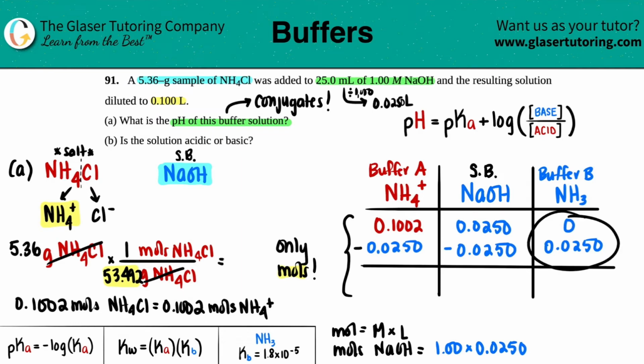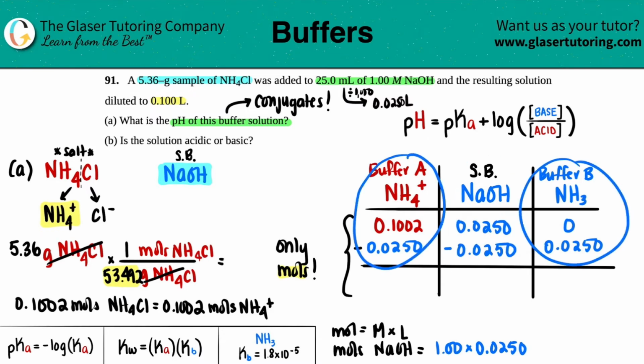On the other side, since I wrote them both in blue, base with base, that's additive. So anytime that you see two of the same colors when you're doing the battlefield, that's additive. Anytime that you see two of different colors, that's subtractive. And I'm not talking about the strong acid or the strong base. I'm only talking about the battlefield between the acid and the base on the outside. So this would be plus.